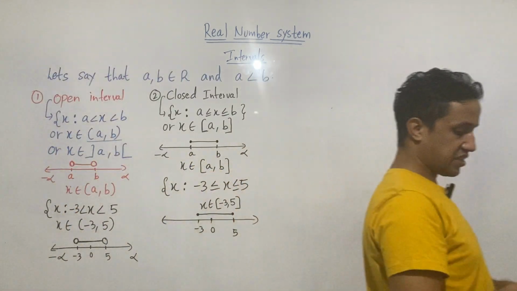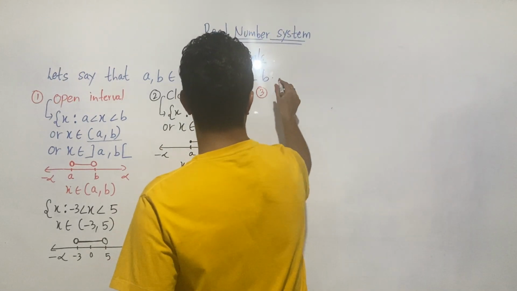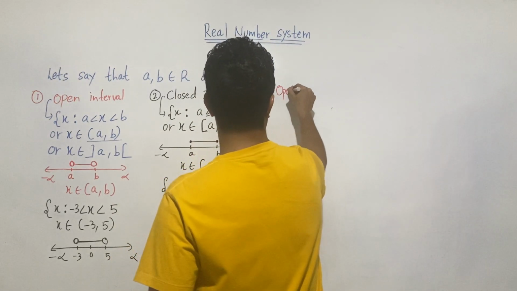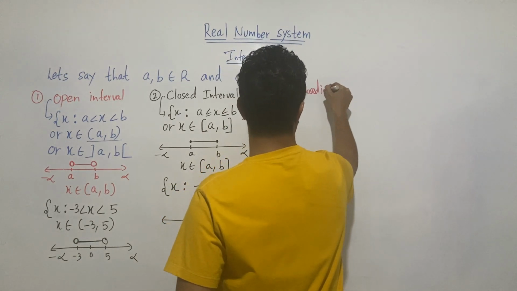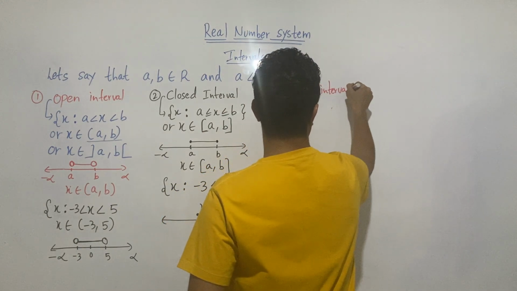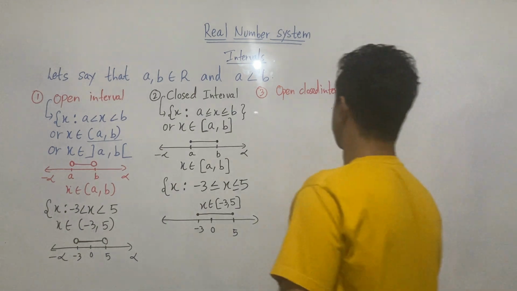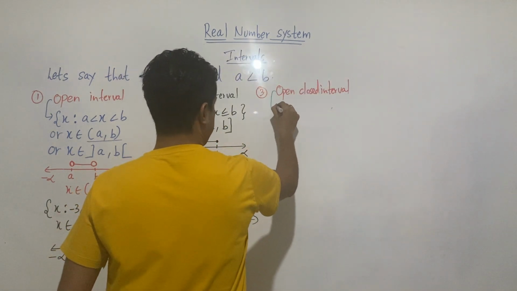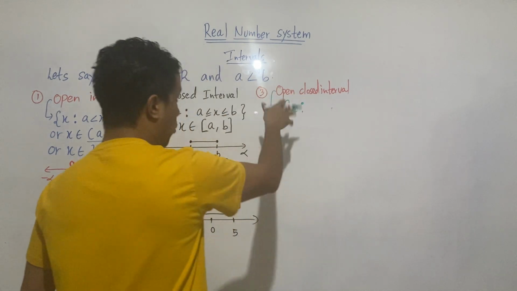Now next is your open closed interval. Okay, open closed interval, it is defined as, okay, now see here, open close.